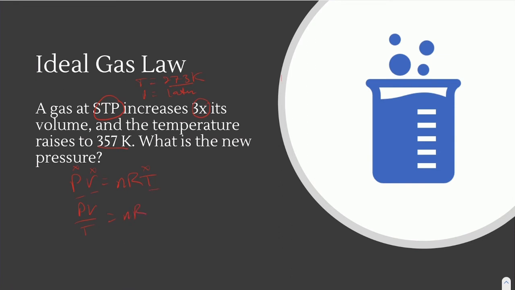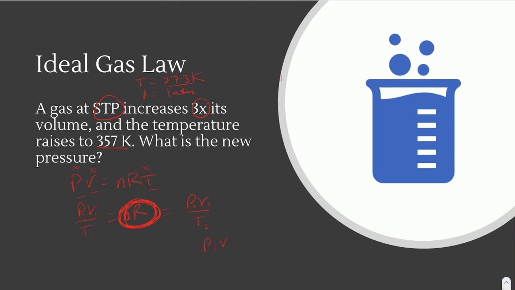You're setting it equal to a constant. This constant must also be equal to a second condition using the same variables. If I call this condition 1 over here and this condition 2 over here, and they're both equal to the same thing because the moles didn't change and the R constant stays the same, then I can technically set them equal to each other.